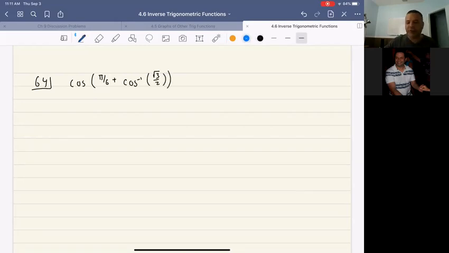And the way that I'm going to teach you to do these, let's just actually do this. We're going to start by taking inverse cosine of negative square root of 3 over 2.